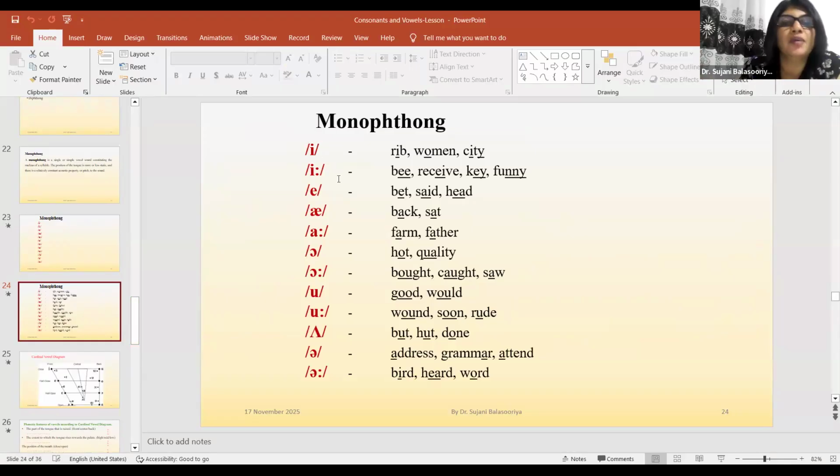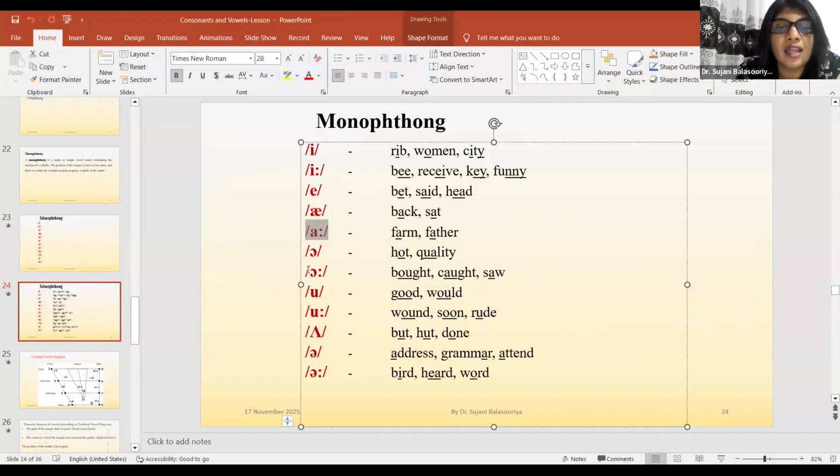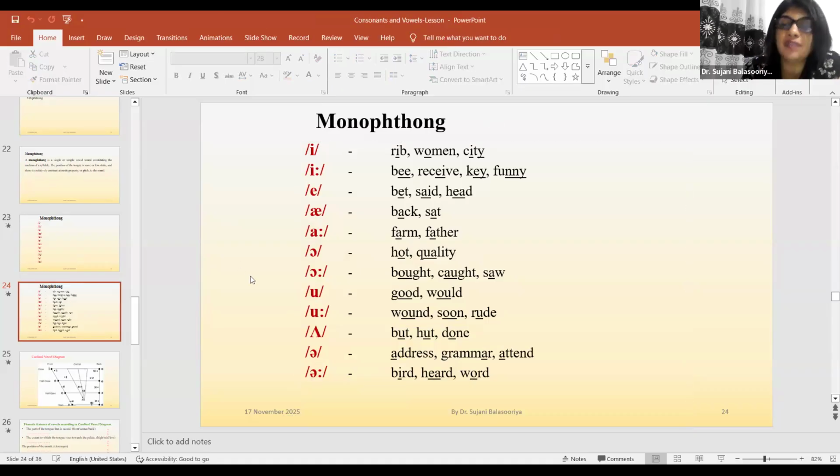So we drag the tense vowels, the E sound, here also R, and O, U. These are the tense vowels, whereas all the other vowels are lax vowels, which means they are short. They are shorter than the tense vowels. So this classification is quite obvious in the English language.